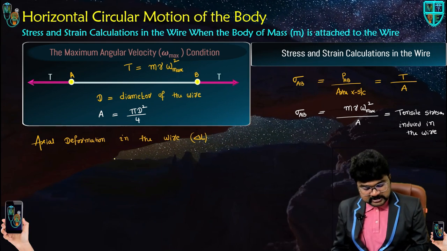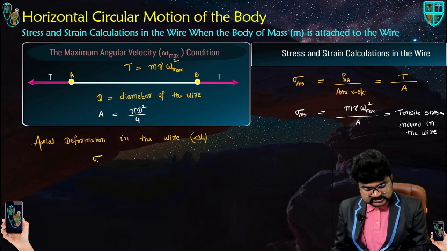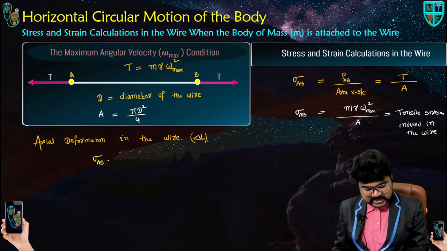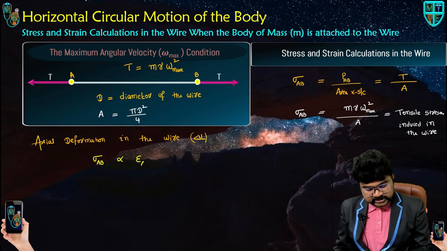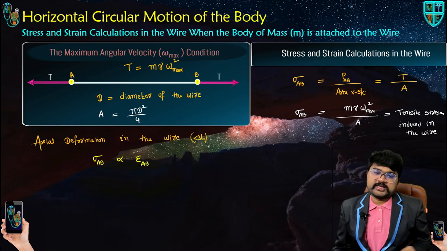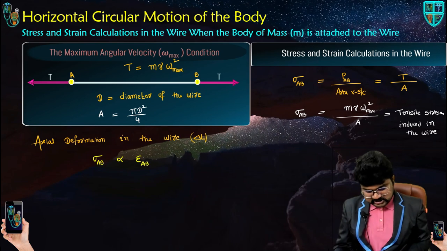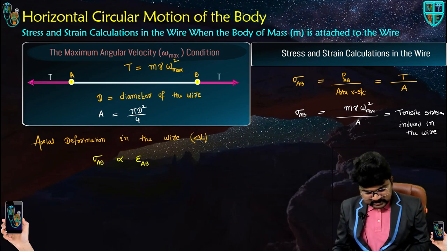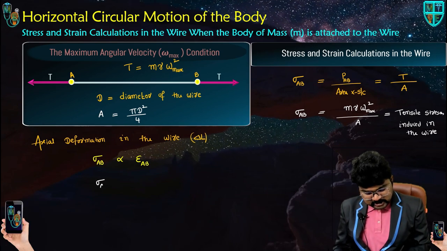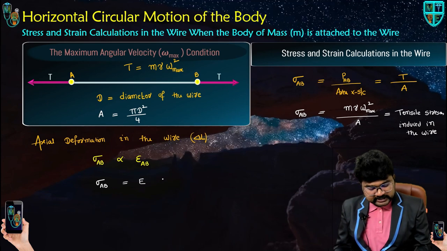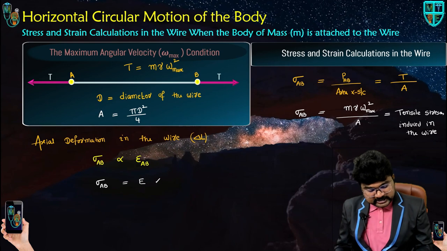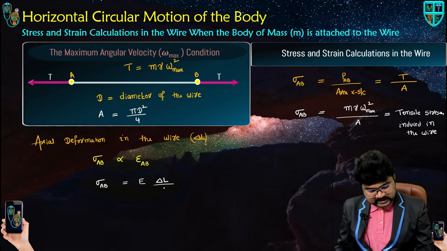Hooke's law says stress is directly proportional to strain induced in the member AB. Here, sigma AB equals Young's modulus of the material times delta L by L.